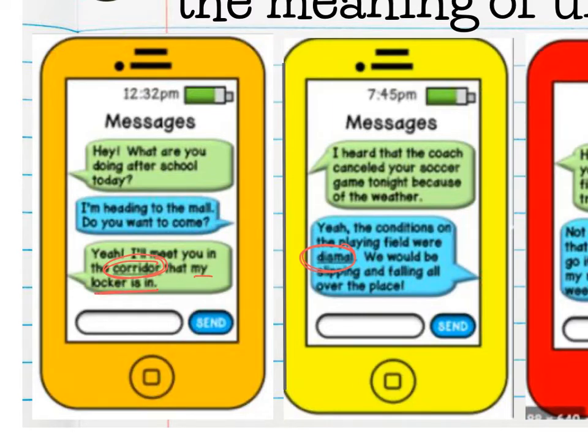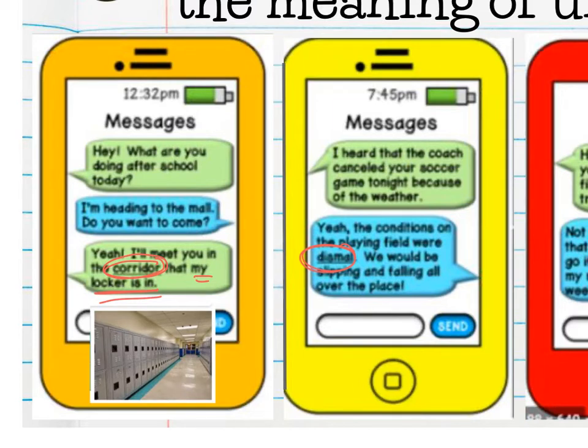I'm noticing it says I'll meet you in the corridor that my locker is in. These are some great clues that can help us figure out the meaning of the word corridor. And now you can see an image of a corridor. Notice those clues, my locker is in. So it's kind of like a hallway close to the entrance. And you can see in the photo at the very end of the hall, there's an entrance way where there's doors.